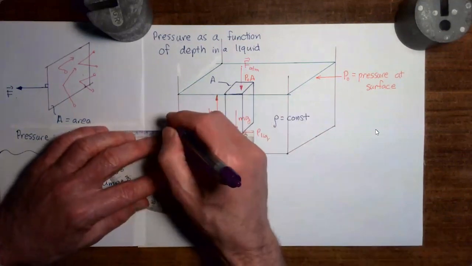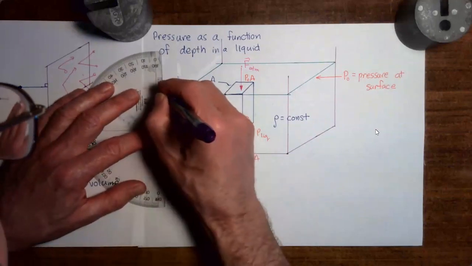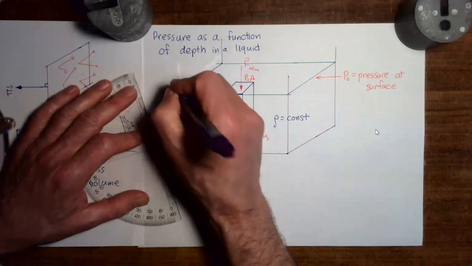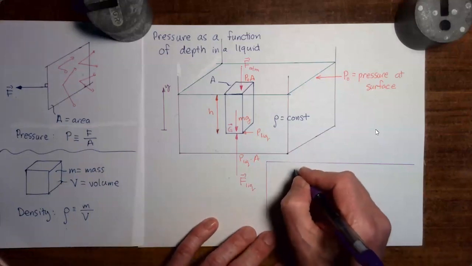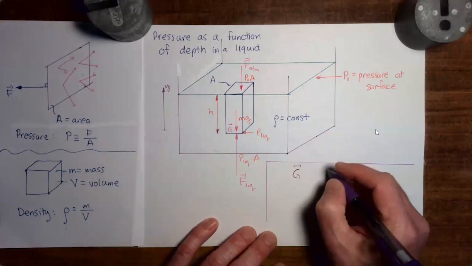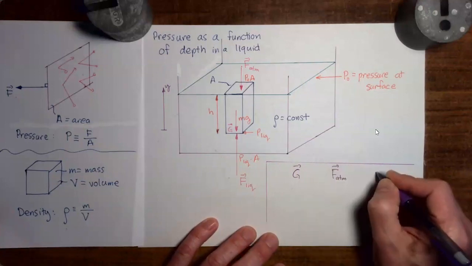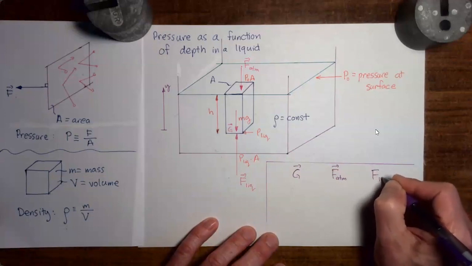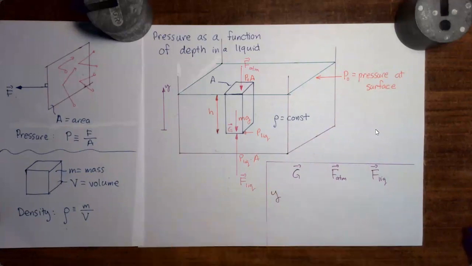Now we can proceed as usual. I'm going to put in a coordinate axis. I'm going to have a y-axis pointing up. Then, as we usually do, we can set up a table into which we're going to enter the y components of the force vectors. So first, I will just list the force vectors along the top. We have gravitational force vector, force from the atmosphere pushing down, force from the liquid below pushing up. And for each of those, we want a y component.